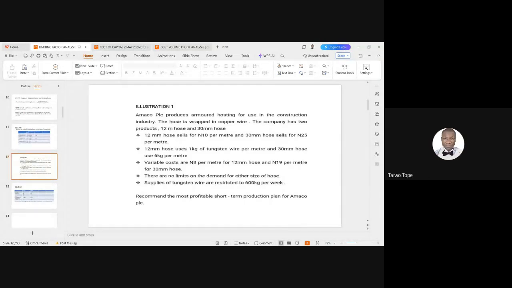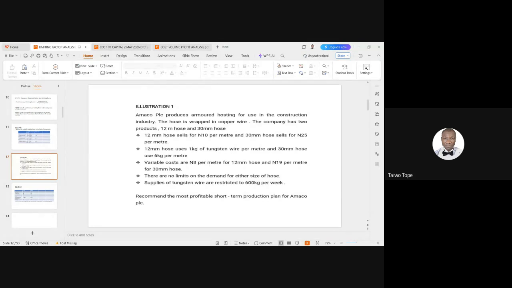So what will now be the next step? Calculation of contribution per limiting factor. Fine. What do you need to calculate your contribution per limiting factor? Contribution per unit divided by unit of limiting factor.